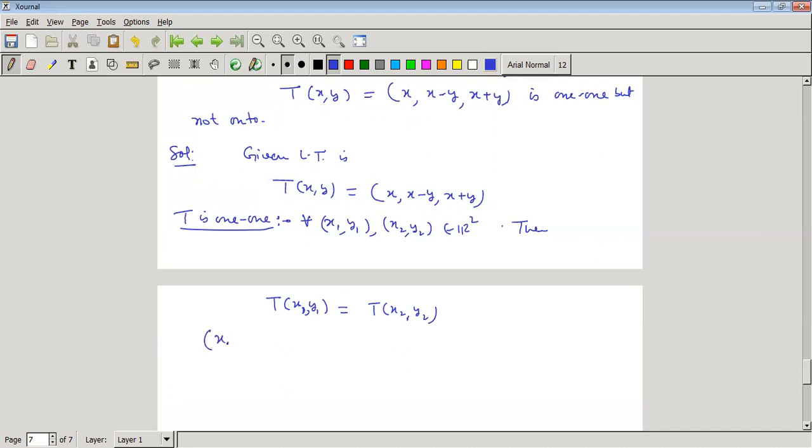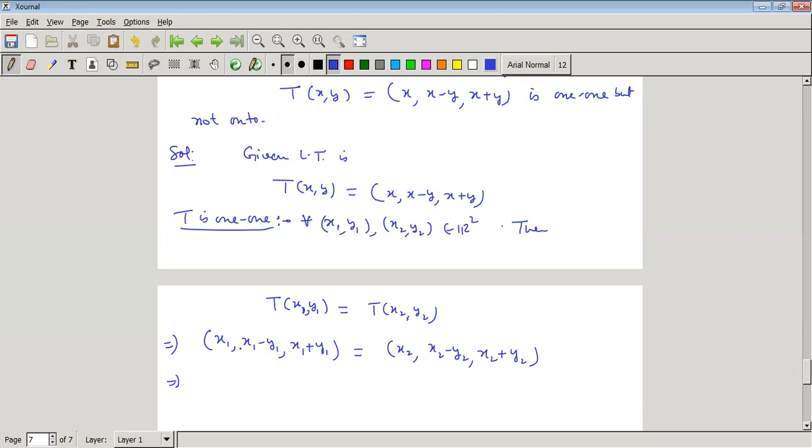So the output of this is x1 comma x1 minus y1 comma x1 plus y1, and this is equal to x2 comma x2 minus y2 comma x2 plus y2. Now, two ordered pairs are equal.